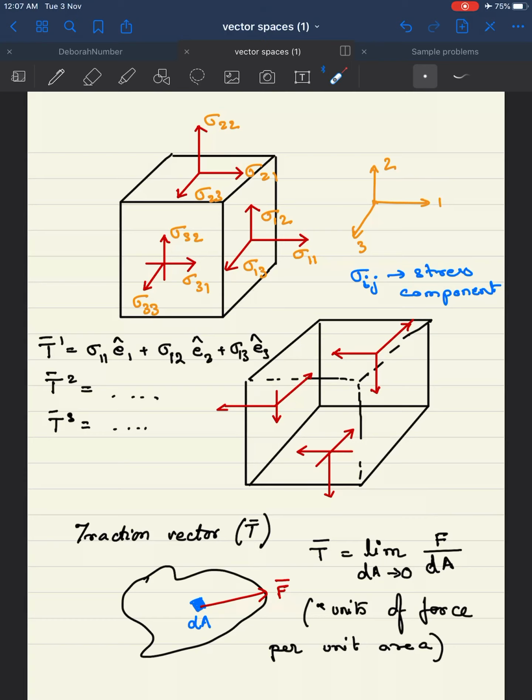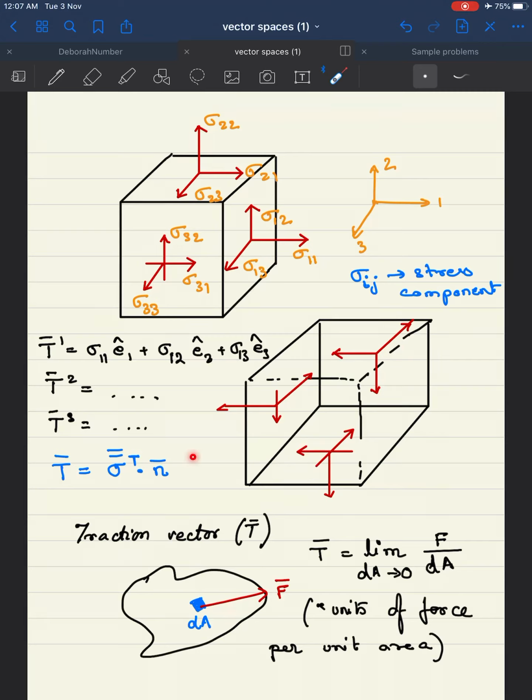So this quantity is now going to be called stress, and another way to look at this is that the traction vector is given by the transpose of this stress tensor with n hat. So if you have an arbitrary area with its normal being n hat, then we'll see this result.